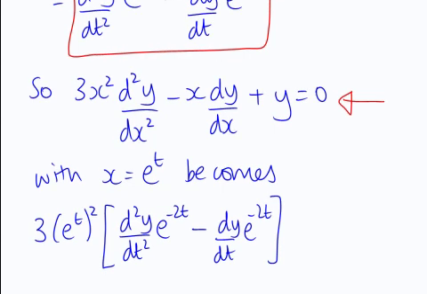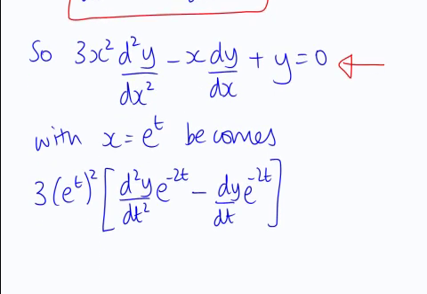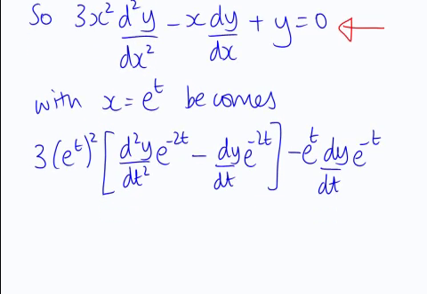So that's that whole 3x squared d2y by dx squared term. I now also have minus x, which is e to the t, multiplied by dy by dt, which was dy by dt times e to the minus t. So I've replaced the first two terms, and now I've just simply got a plus y equals 0.